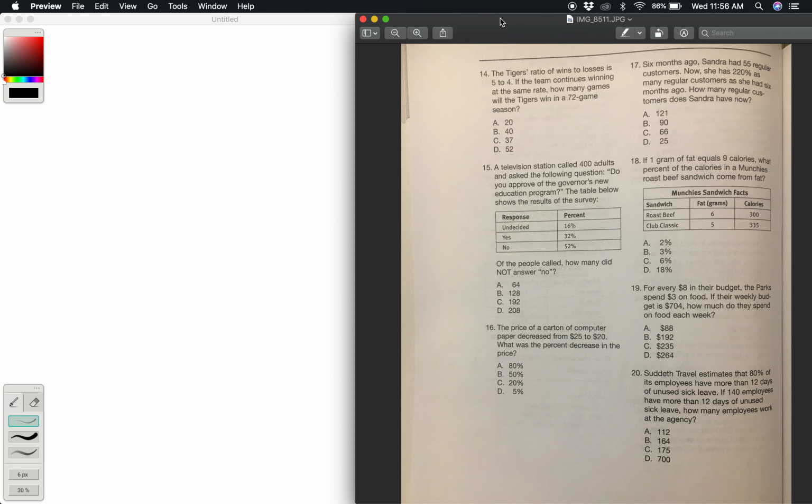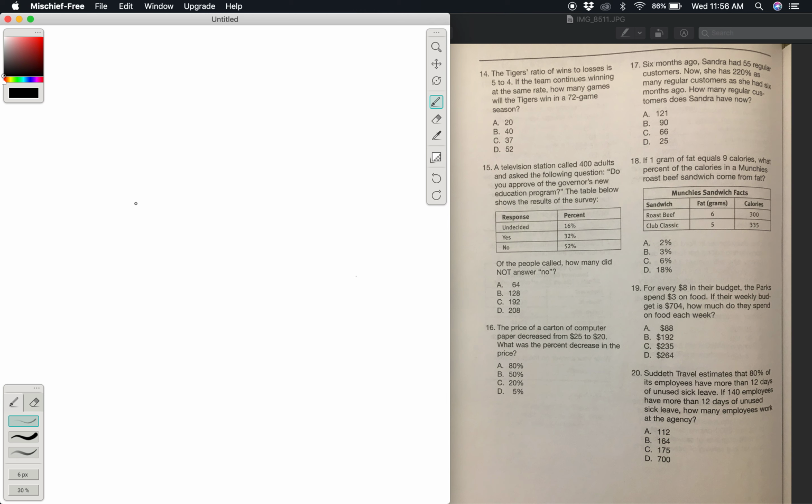So we have, let's see, she had 55 regular customers, okay? That is the base, because that part didn't change. She still had 55 customers.